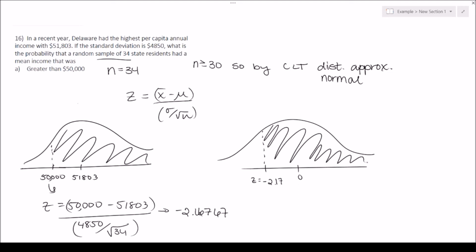And when I do, it's going to give me the area to the left over here. So let's do that, negative 2.17: 0.0150. But I want to find the right side.